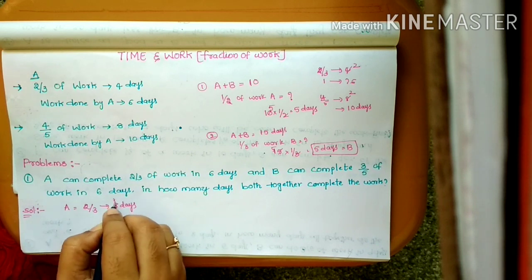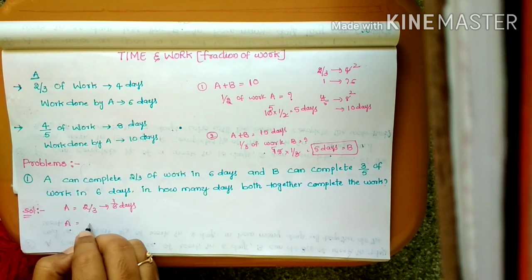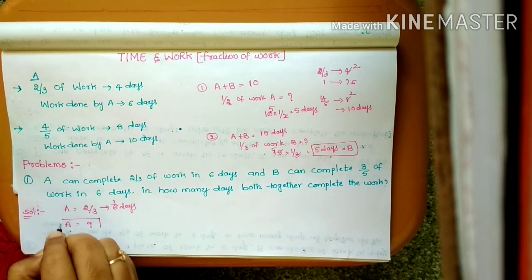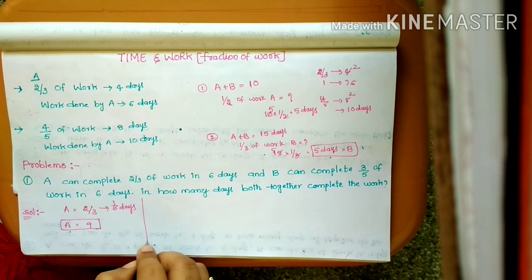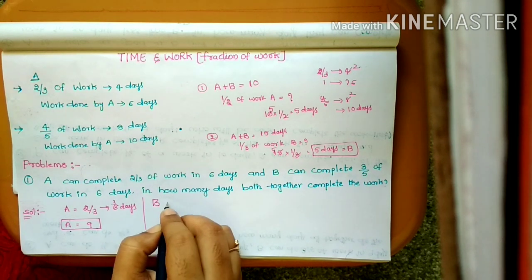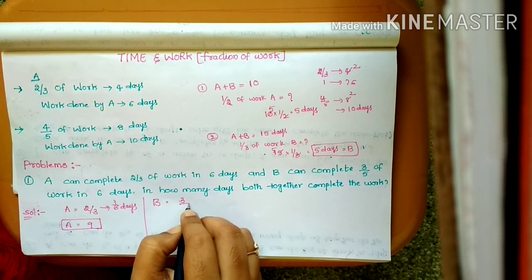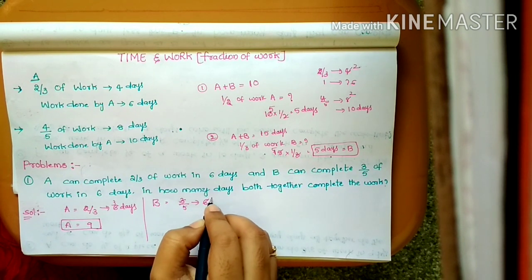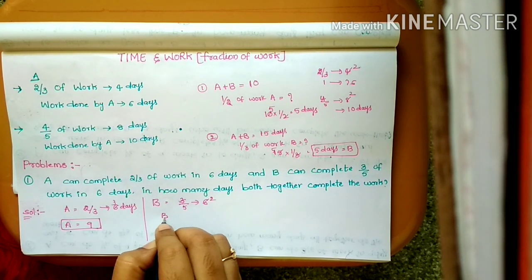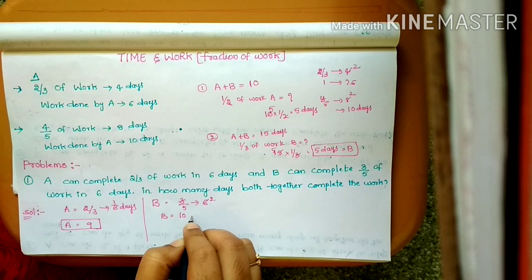So A is equal to 9. B can complete 3/5 of work in 6 days. So total work done by B is equal to 10 days.